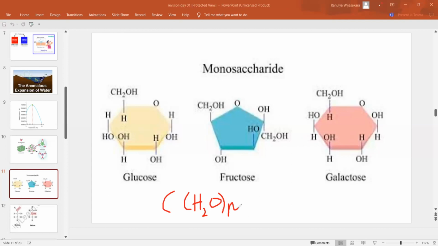It is a derivative of ribulose. Next group 6 carbon. කාබන් 6ක්. ඒ කියන්නේ n සමානයි 6. ඒවට අපි කියනවා hexoses. Glucose, fructose, galactose ඔය ඔක්කොම මොනවද? Hexoses.